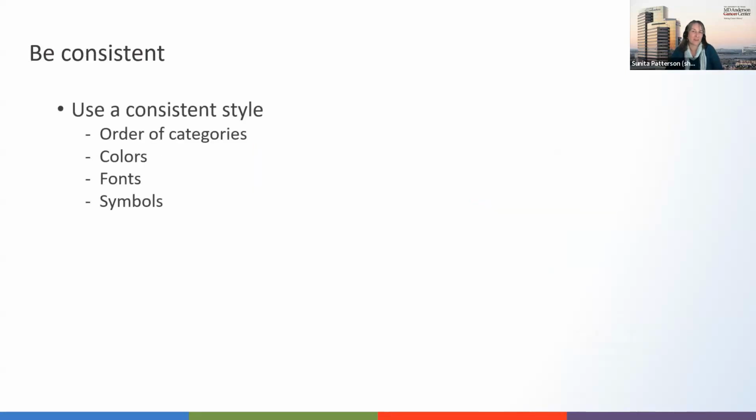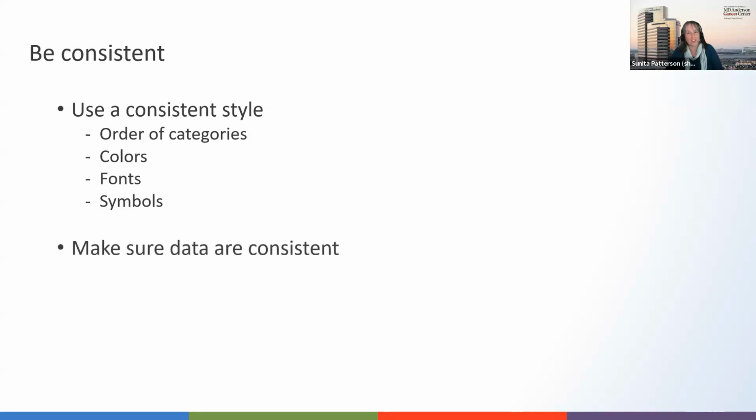And it comes from our experience as editors. Aim for consistency across all of your figures. Here's some things to think about. If you have different groups or categories that will appear in multiple graphs, it will be easier for readers if you use a consistent order in each graph. And decide on colors, fonts, and data symbols up front and use them consistently in all of your figures.